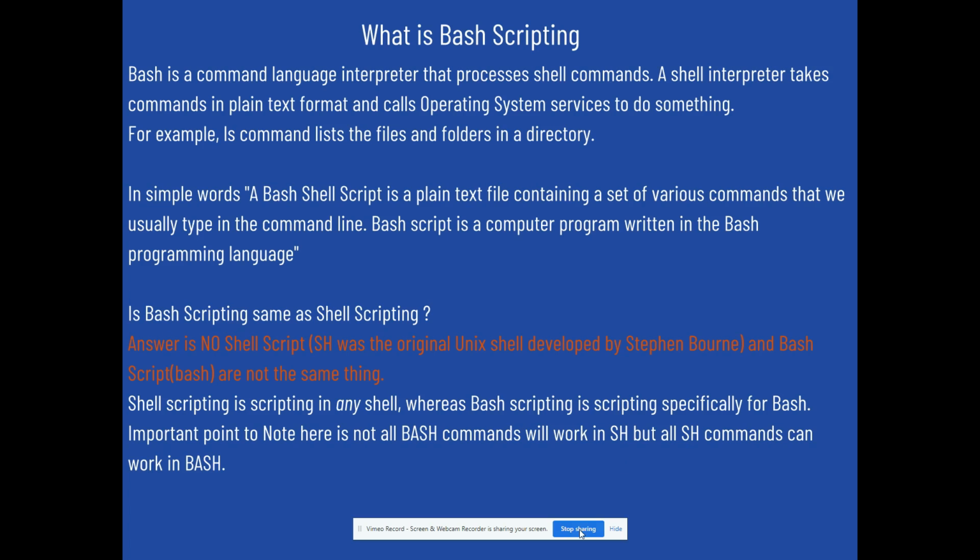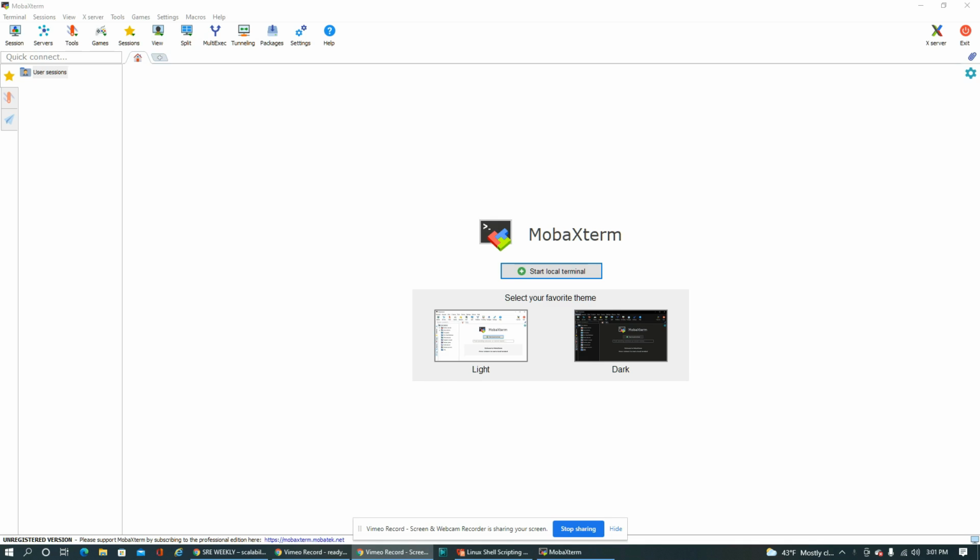So, let's get started. Friends, to learn shell scripting, you need to have a terminal, and for that, you need to install something called MobaXterm. This application is a tool which will make your local machine act as a terminal where you can execute Linux/Unix commands.